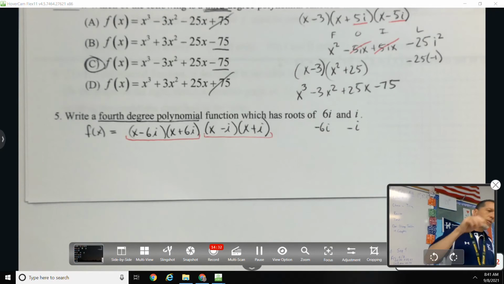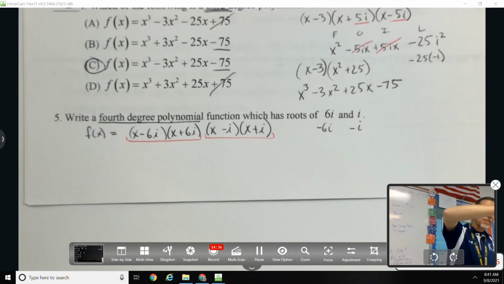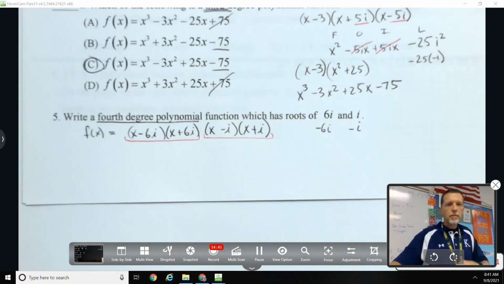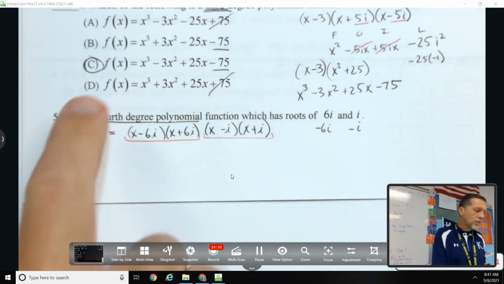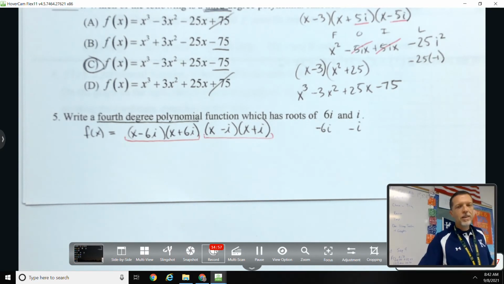So I'd FOIL the 6i terms, and then FOIL the i terms, and then FOIL to put them together. I want a polynomial, not in factored form. So I'm going to hit pause, and you see if you can FOIL those out.